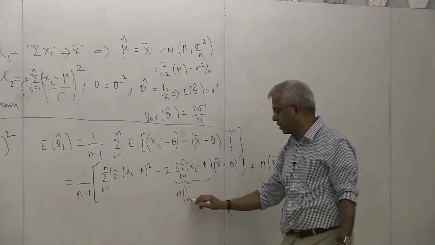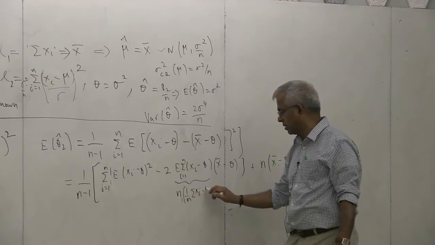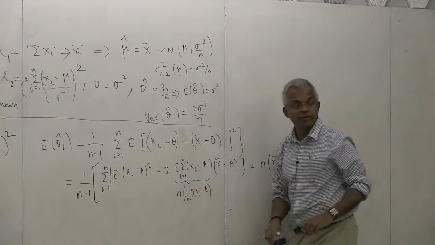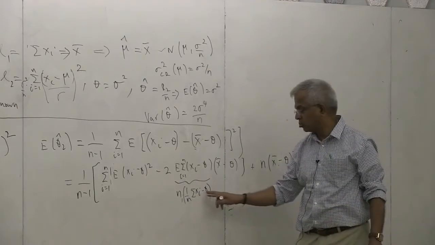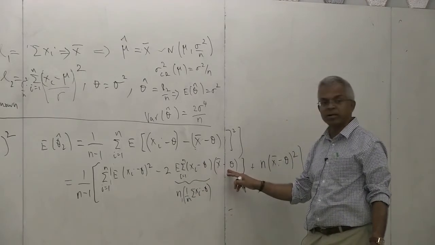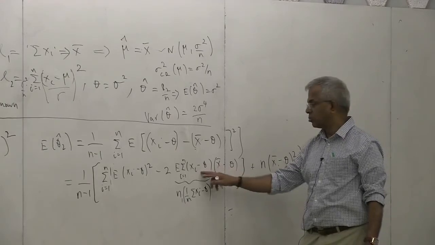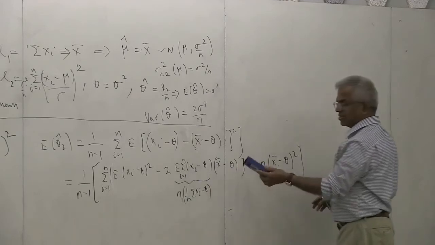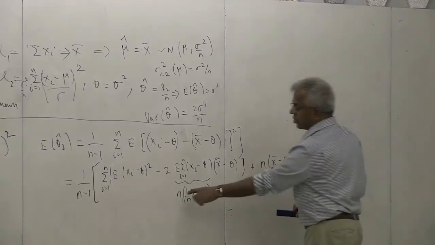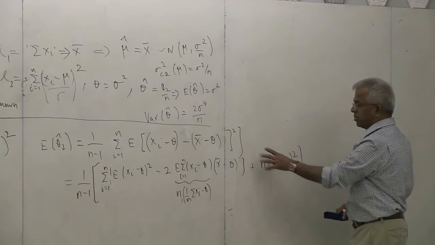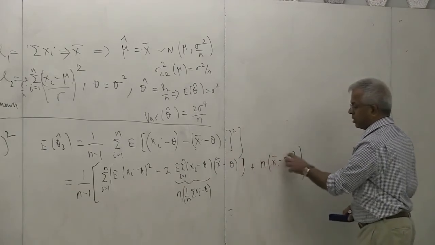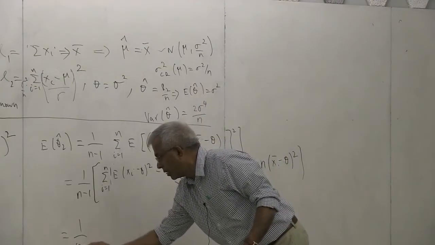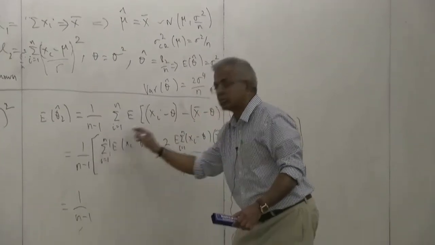I have 1 over n sigma xi minus theta, because n cancels, sigma xi over n theta, right? But this is x bar minus theta, so I have x bar minus theta squared. It's a standard trick, right? So I have minus 2n x bar minus theta squared plus n x bar minus theta squared. So the whole thing will give me 1 over n minus 1. And what is the answer to this? Anybody?